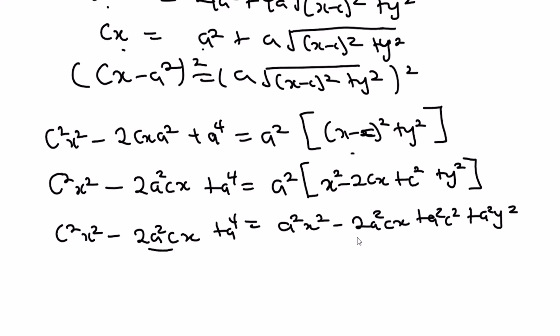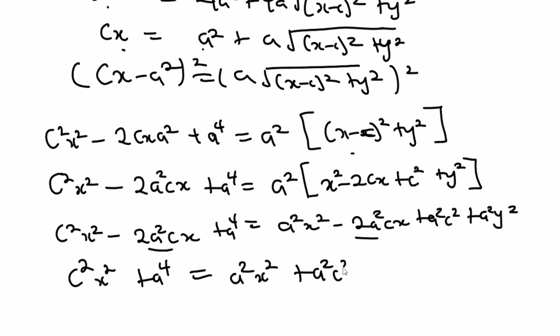Now this and this gone. So it's left with c squared x squared plus a exponent 4 being equal to what happens? Then we have a squared x squared plus a squared c squared plus a squared y squared.